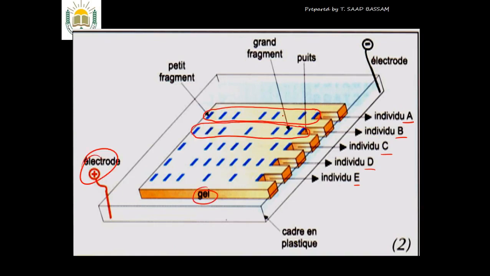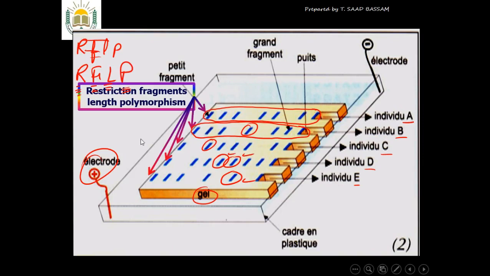No, and which individuals are true twins? Now, why this? Another individual. This is what we name length polymorphism, because they do not all have the same size, so we have different types of restriction maps and different levels of the fragments.